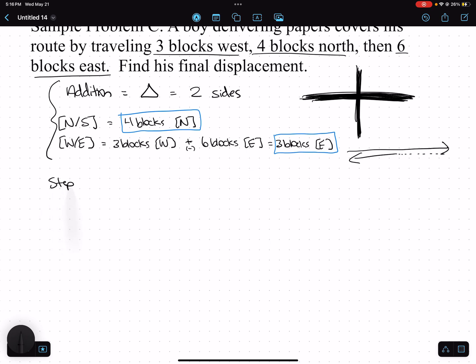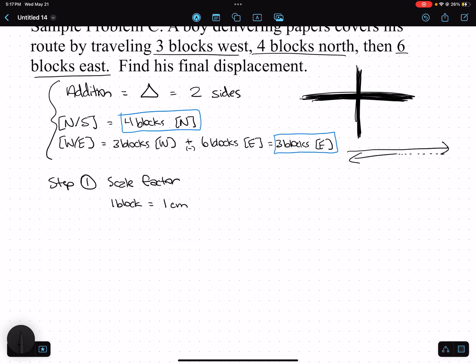So step 1, we are doing scale factor. Okay, now the scale factor could probably be the same as our other question. We're obviously not going to draw blocks on our page, so we might just write that 1 block from our question, maybe we'll draw 1 centimeter.